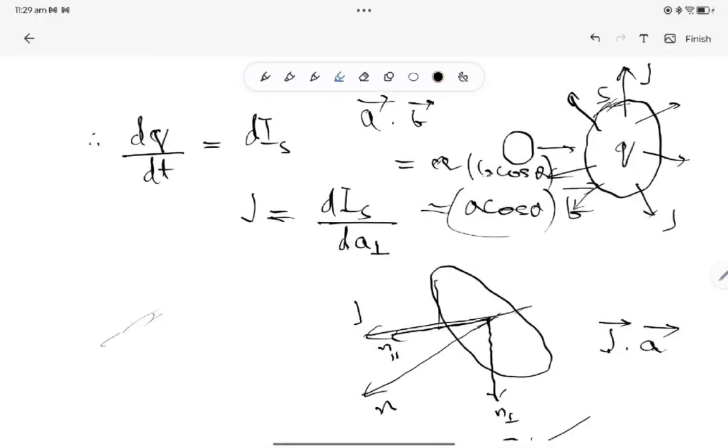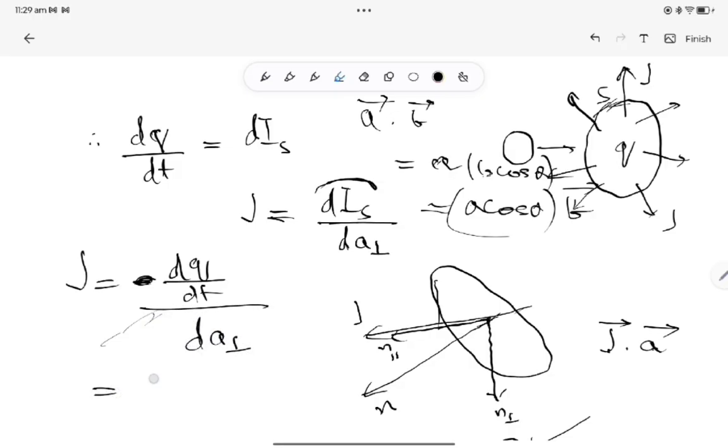Now with this, let us write this equation as J is equal to di, as this is current. By definition of current, you know that is dq by dt divided by dA perpendicular.